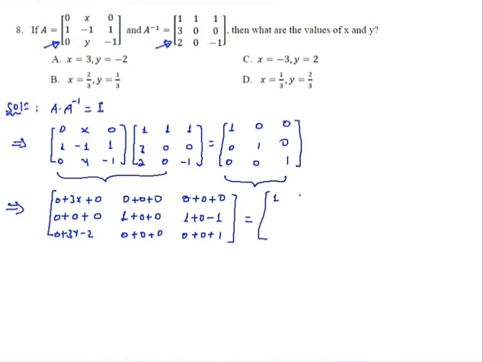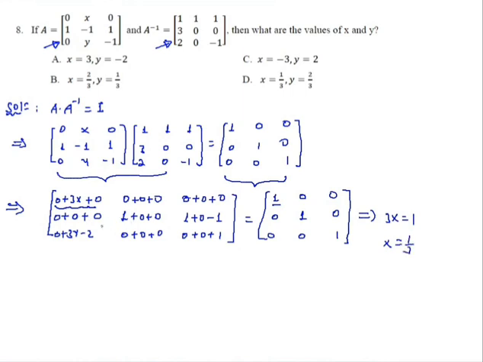matrix, 1 0 0, 0 1 0, 0 0 1. Now by the equality of two matrices, this 0 plus 3x plus 0 must be 1. ያ ማለት ምን ይሆናል ማለት ነው? 3x is equal to 1 እያልን ነው. x becomes 1 over 3.